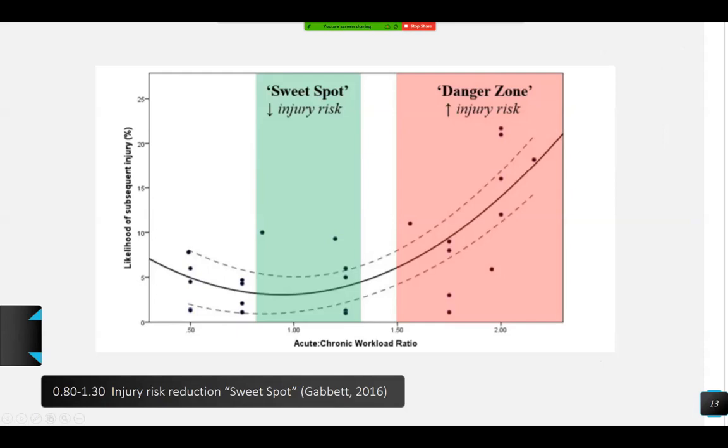Again, this is going to be contextual, because as we go into a season, we're probably more in maintenance, so not a ton of progression, whereas in the off-season we might want a little more progression. That's where you monitor the workload and make sure your rate of progression isn't too much for the athlete to handle, right? They don't come back from a break and all of a sudden you're doing 200% of what they were doing before. So this gives a sweet spot that we can fall back on.